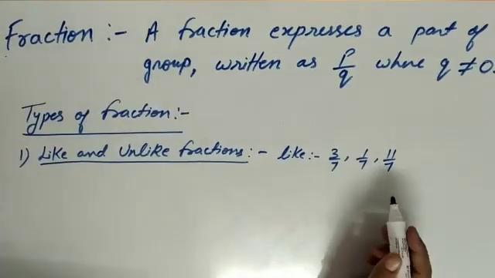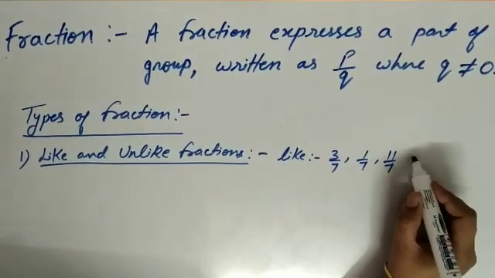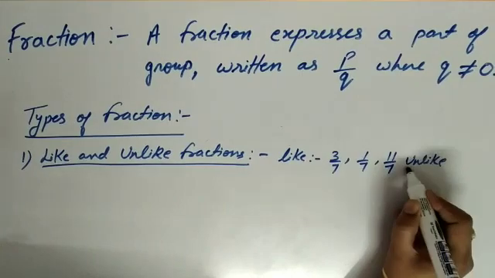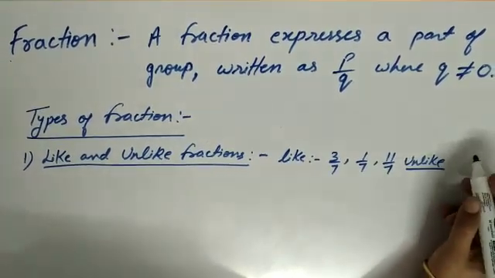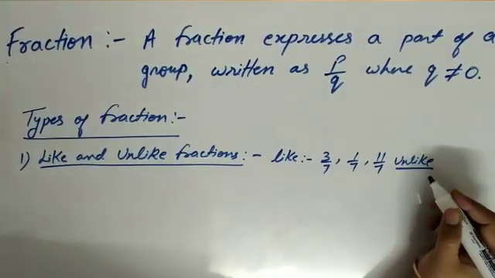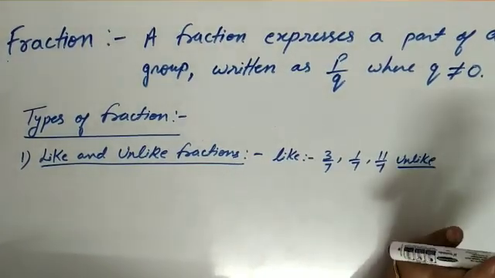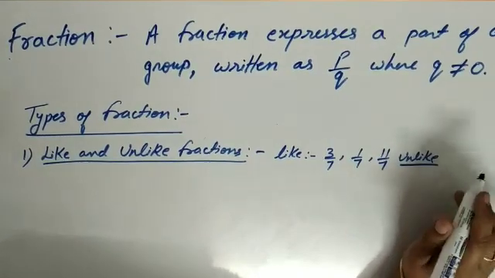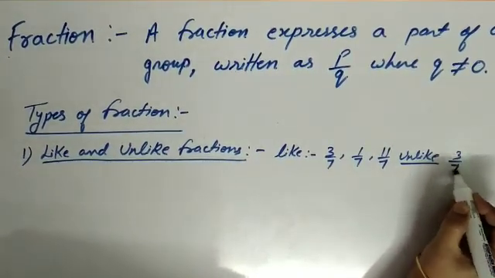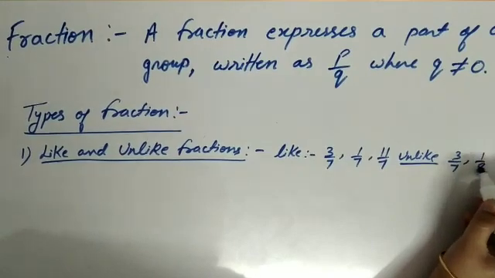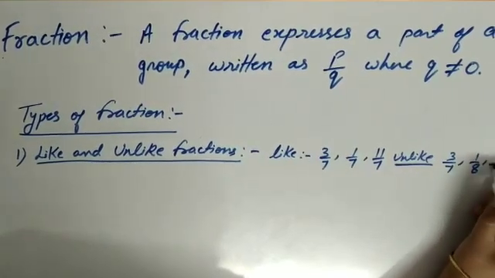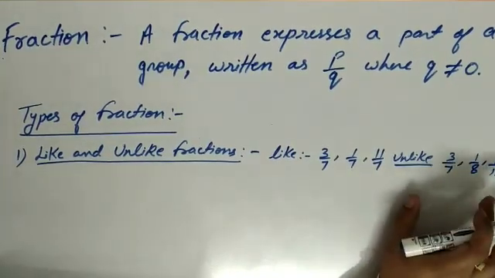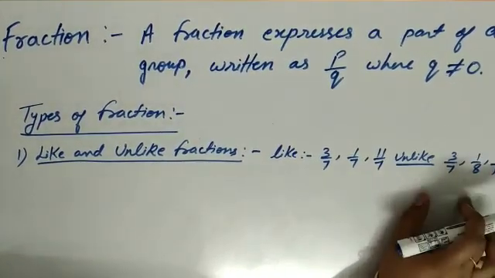Then we have unlike fractions, which have different denominators. The numerator can be whatever it is, but the denominator should be different. Suppose I have 3/7, 1/8 and 8/12. These have different denominators, so they are unlike fractions.